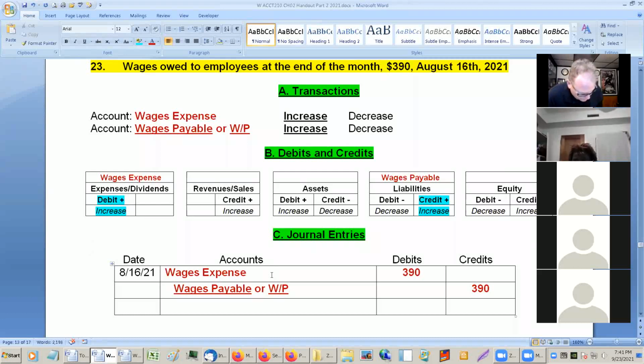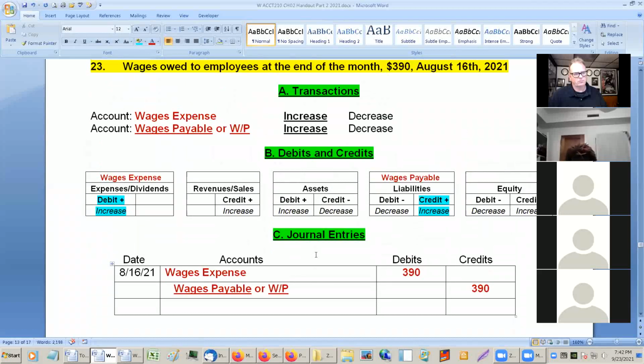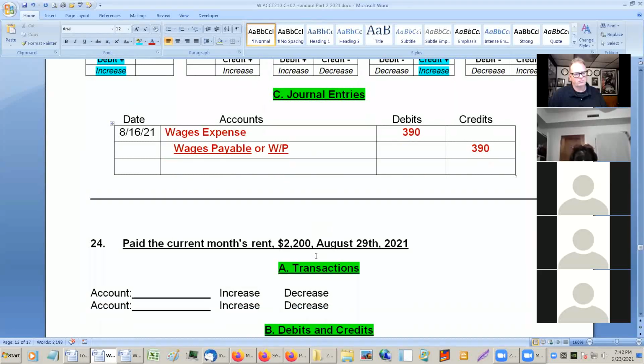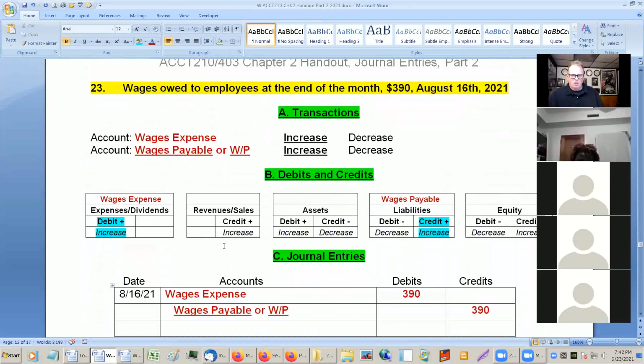Oops. Fall off the chair here. Pay the current month's rent, 2,200.